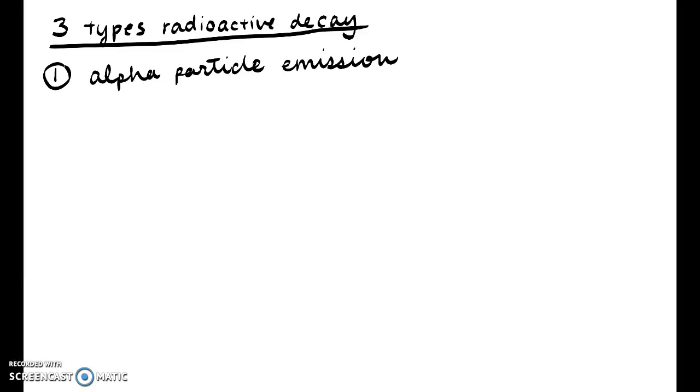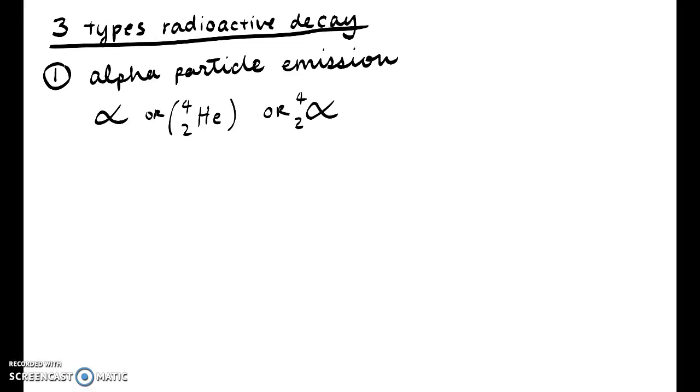An alpha particle we can denote with the Greek symbol alpha, or helium with 4 neutrons and protons together and 2 protons. Or we can also write it as an alpha particle with the numbers 4 and 2.